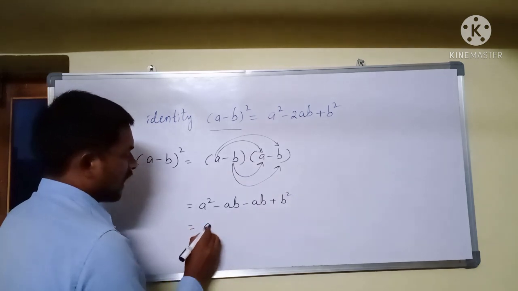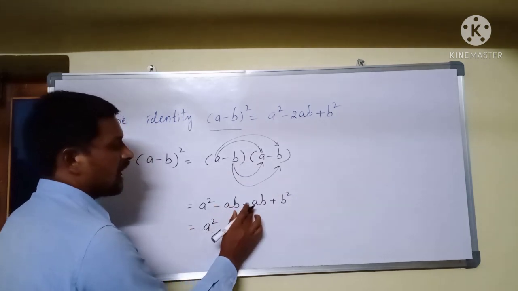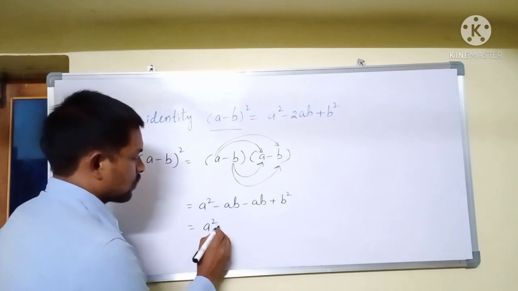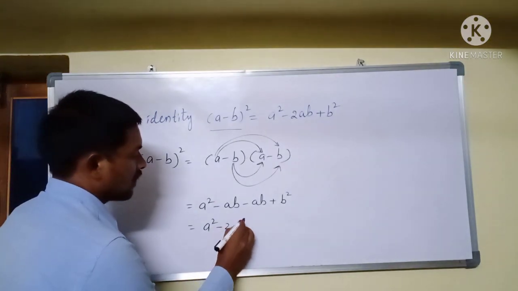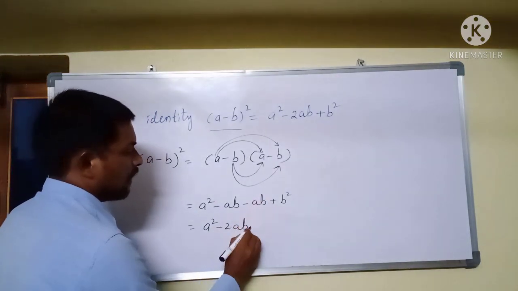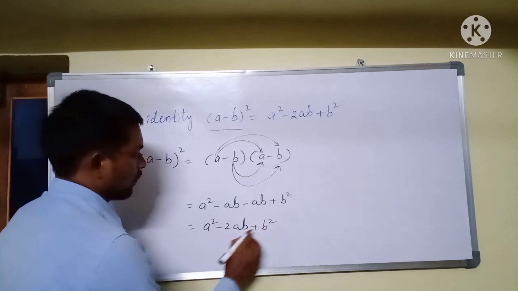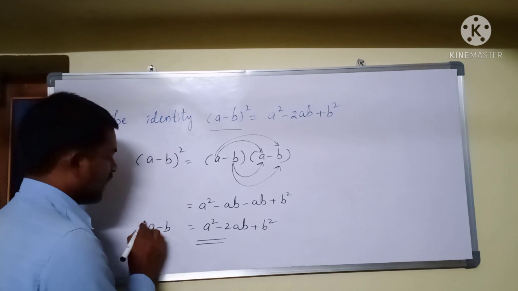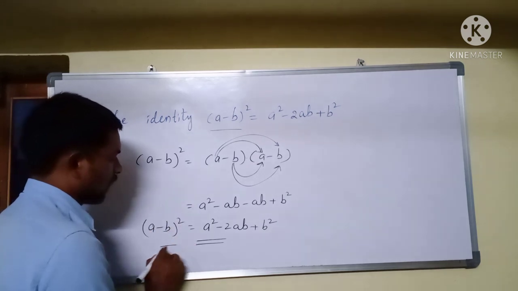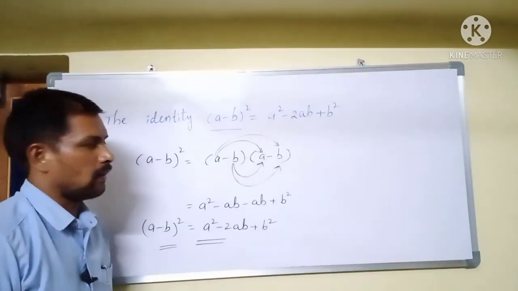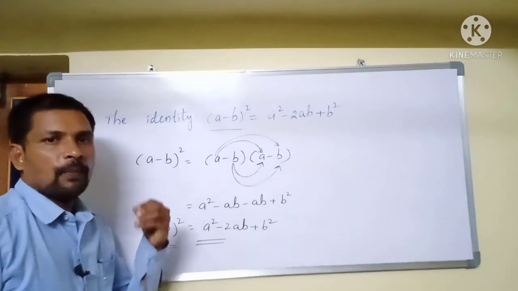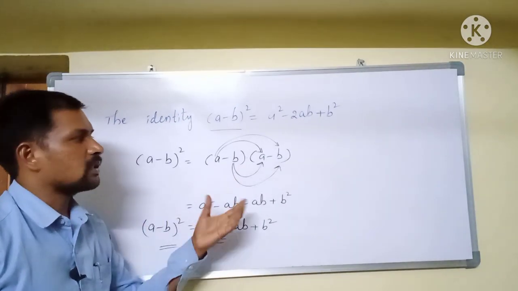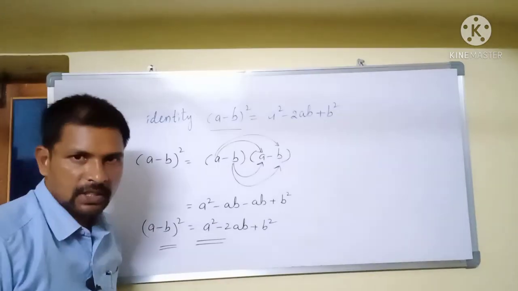So a square minus ab minus ab, 2 times, that is minus 2ab, then plus b square. So this is the identity of a minus b whole square. Then let us go for the procedure. Next I'll explain the procedure.